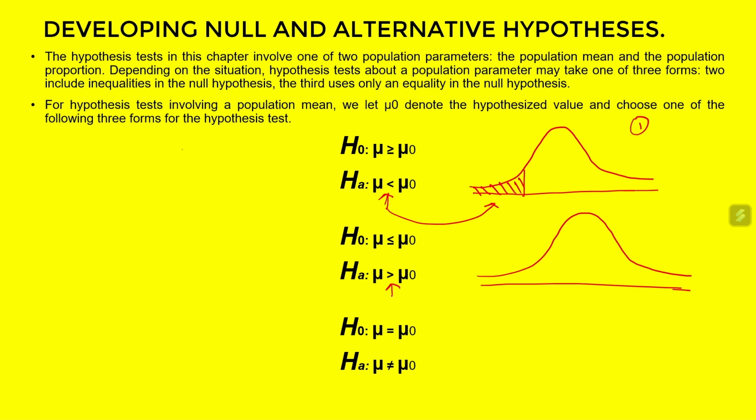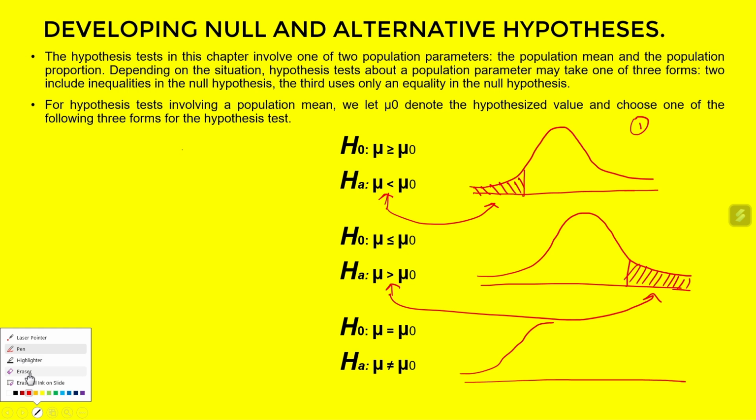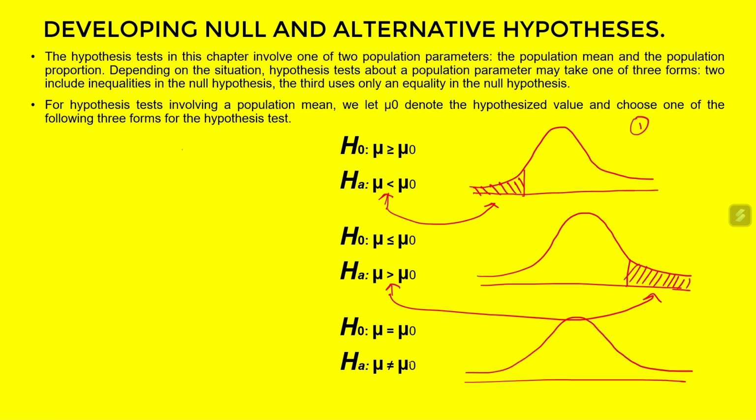Here it is pointing towards the right direction, so it will look like this, with the portion shaded on the right side. Now in this case, where we have equals to and not equals to, how will it look? It will look like this, with two shaded portions on both sides. So this is our first, second and third.